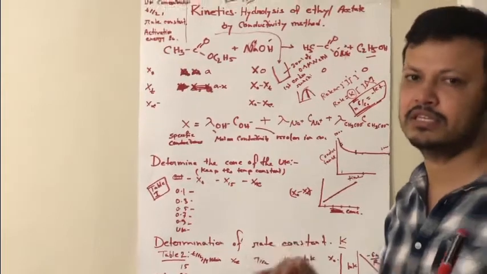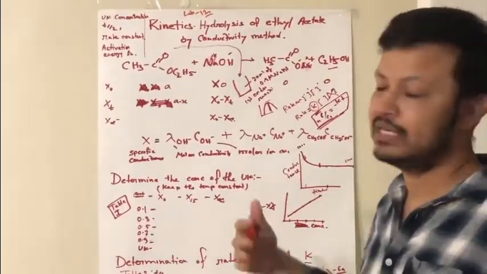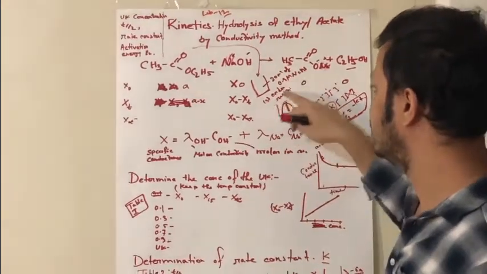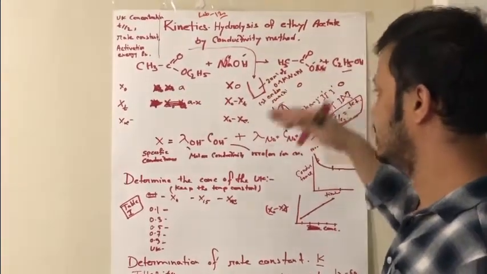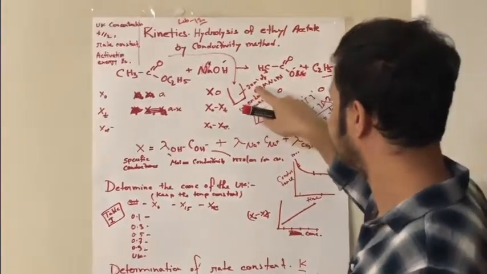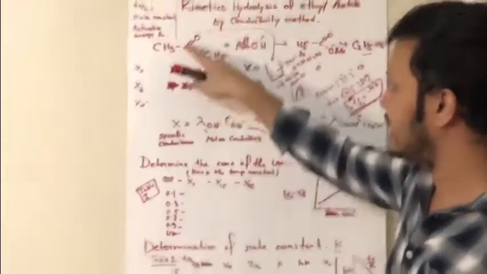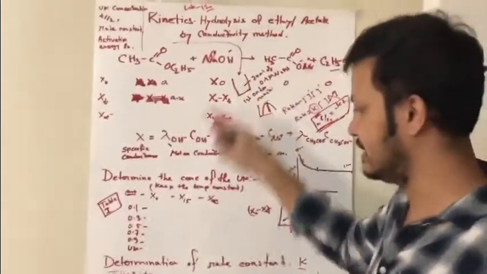It may be 20 degrees Celsius. After keeping them for 10 minutes, the temperature will be around the temperature of the calorimeter. Then we will add 0.1 ml of ethyl acetate.